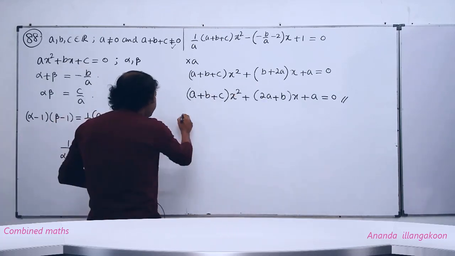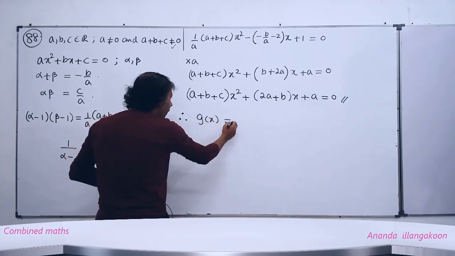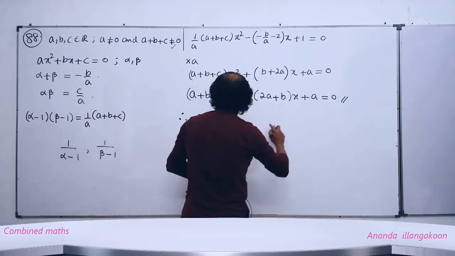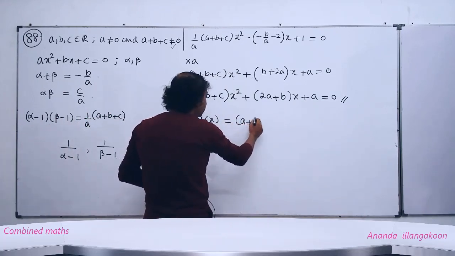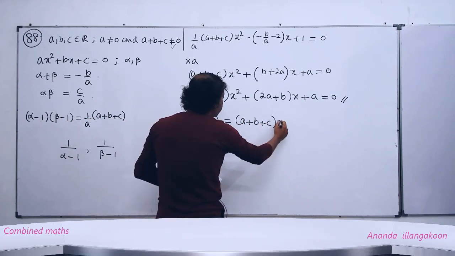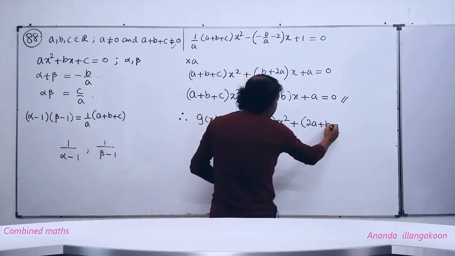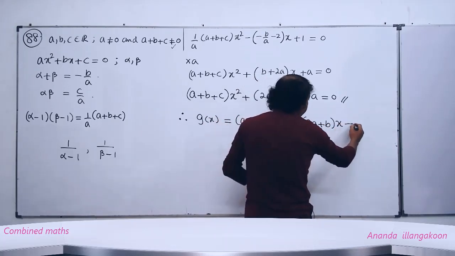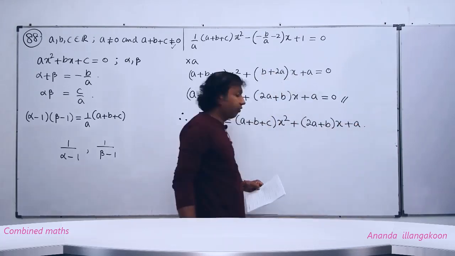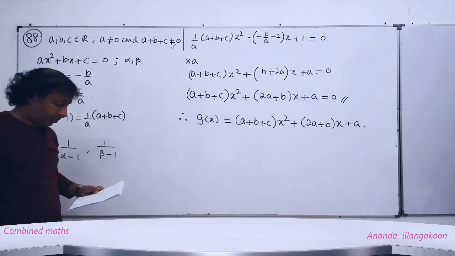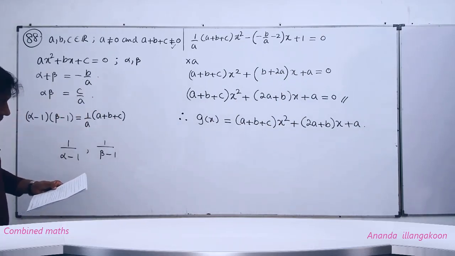Therefore, gx should be this part: a plus b plus c times x squared plus 2a plus b times x plus a. This is our gx. Yes, our gx. Okay.